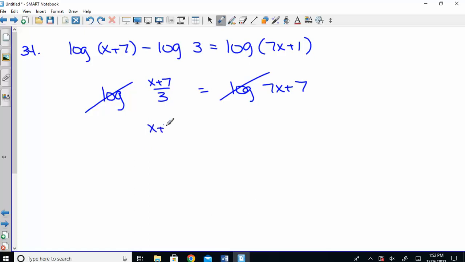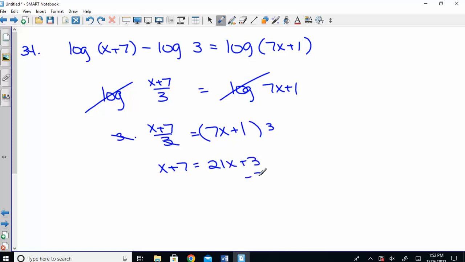Then we had a property that says if you have a log on each side, you can drop it. So if I multiply over my 3, we get x plus 7 equals 21x plus 3.